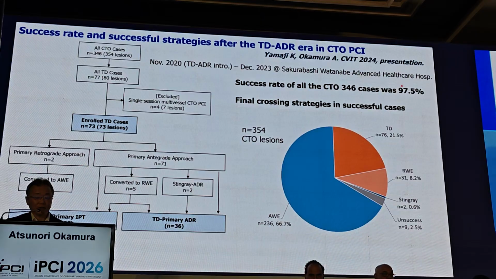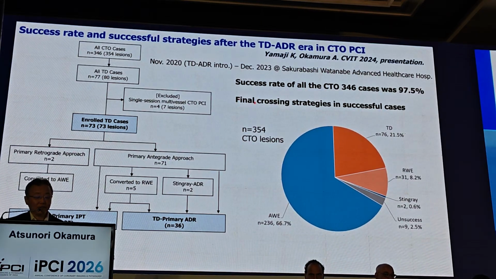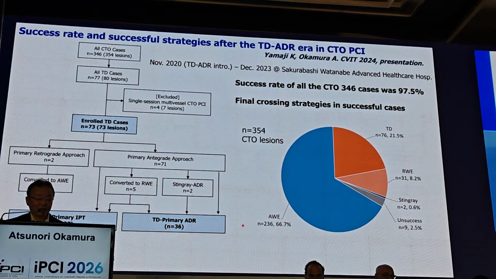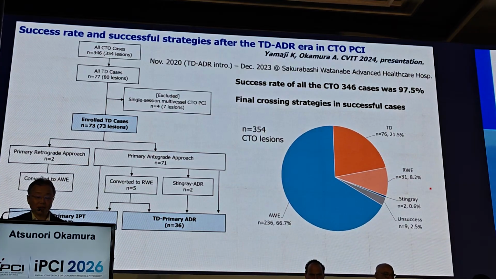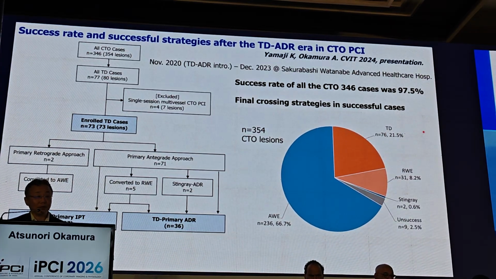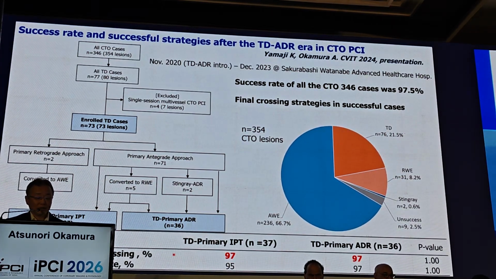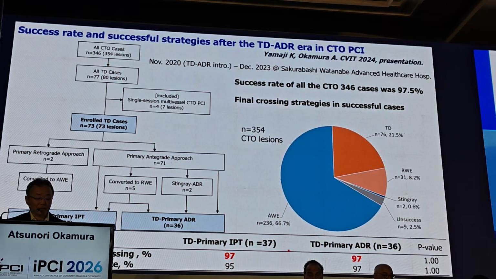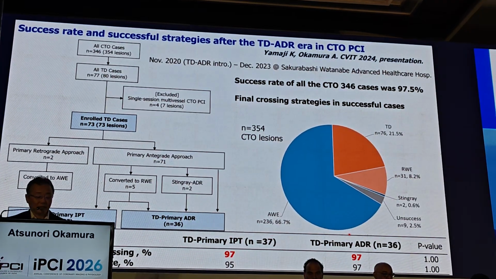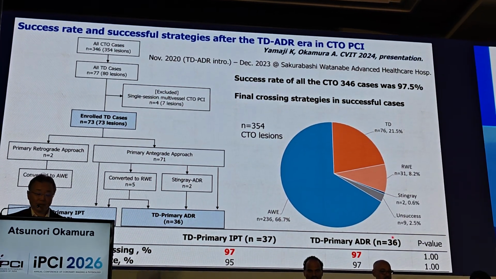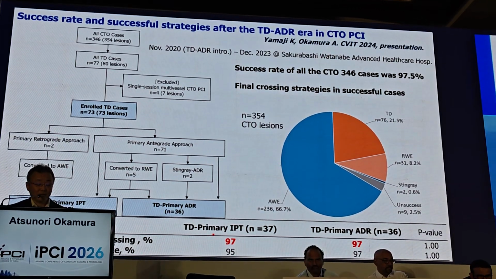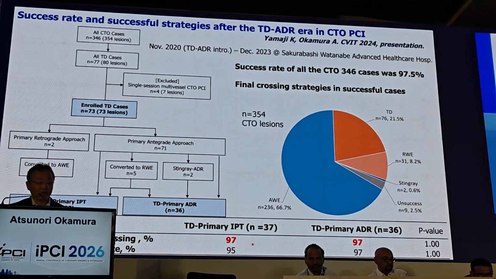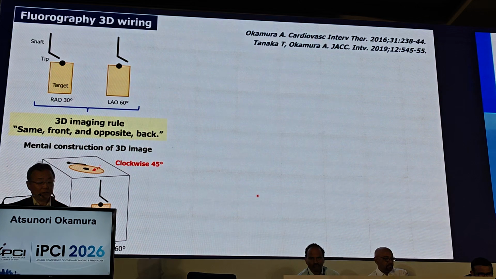The success rate was 97%. The final crossing strategies were AWA 67%, retrograde 8%, tip detection 22%. So the tip detection intra-plaque tracking and the tip detection ADR percentages are almost 50-50, and the success rate of both tip detection methods is 97%.